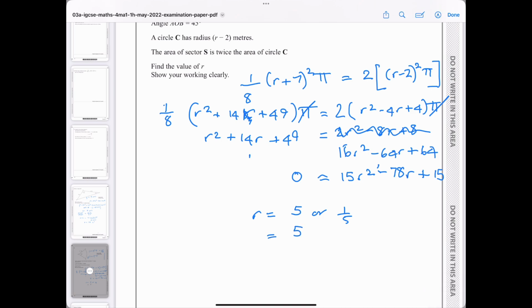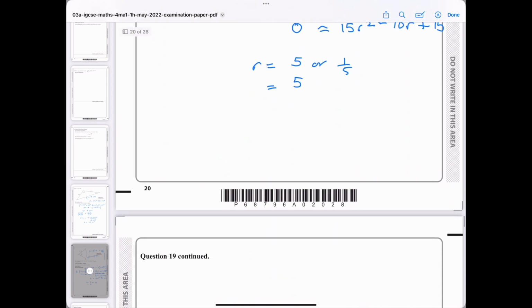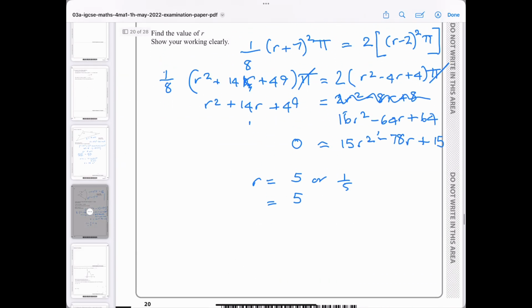I don't know if I'm allowed to do that though. Do you think I have to not use my calculator? In which case, if I can't use my calculator, I'm assuming that's divisible by 3. So let's divide that down to 5r squared minus 26r plus 5. We need to get 25 times 1, with minus 26, so it's minus 25 and minus 1.